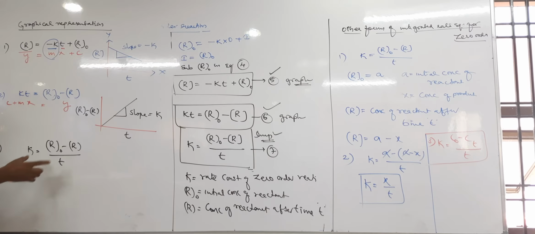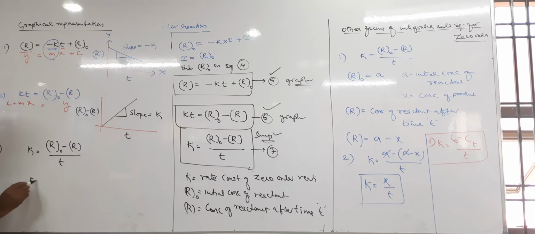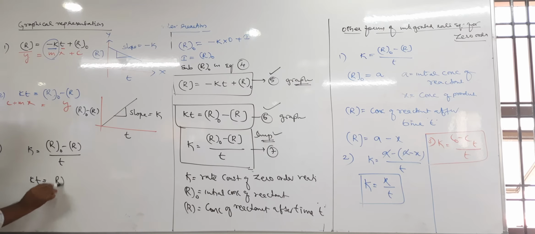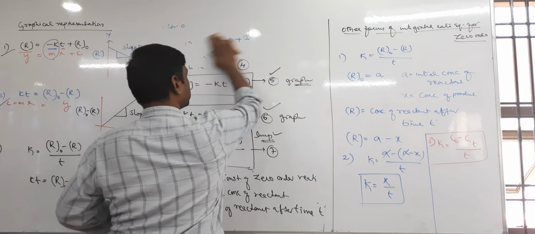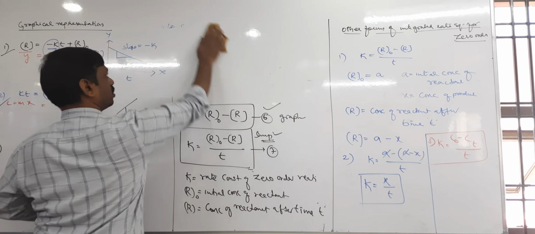We wanted to plot the graph in between these two only. So you have to bring kt here, kt equal to R naught minus R. You will get the same equation. Okay. 1, 2. Right. So this is the graphical representation of zero order reaction.